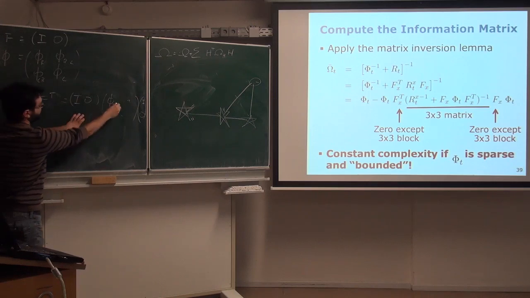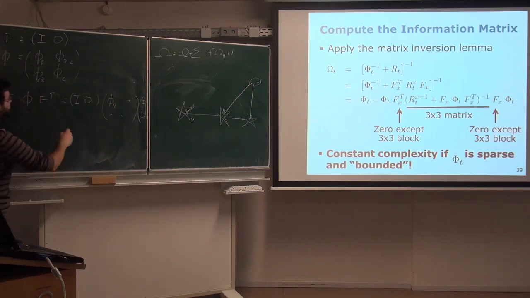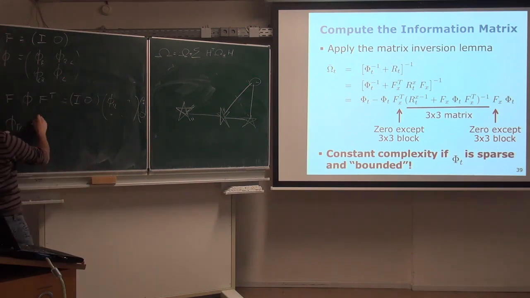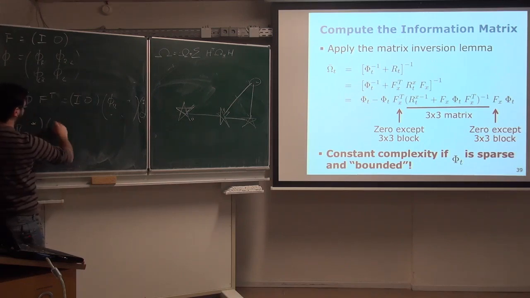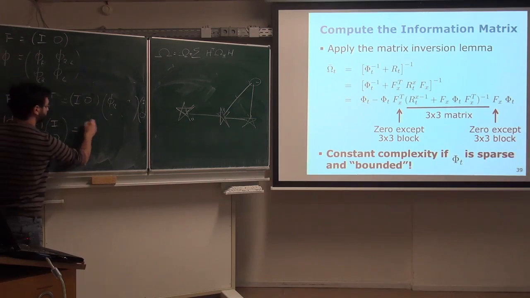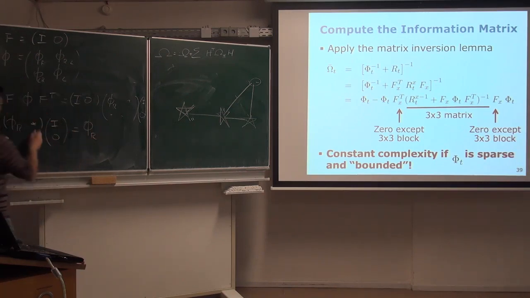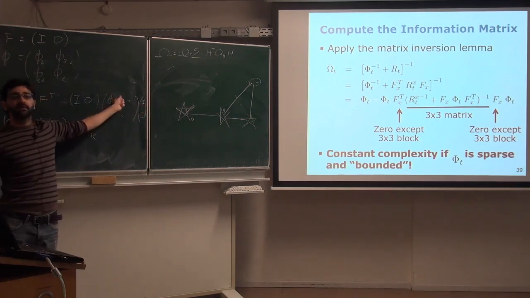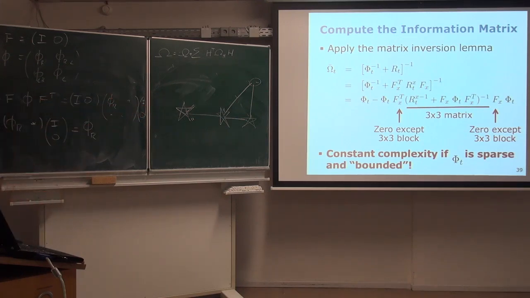When we do this, we get that the upper part of this vector is phi robot 0 and something in here, multiplied by this, which is equal to this by this identity, phi robot, and this by 0. Okay? So basically, an operation like this is just a way of extracting the element in the matrix. So then it's clear why we have a 3 by 3 matrix. It's just the information of the single robot.